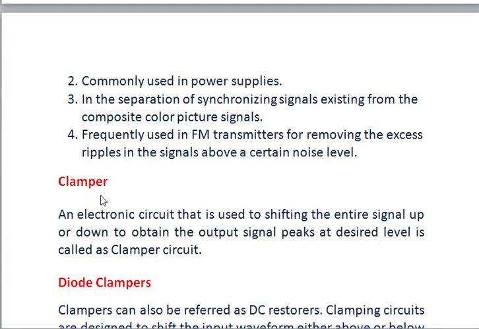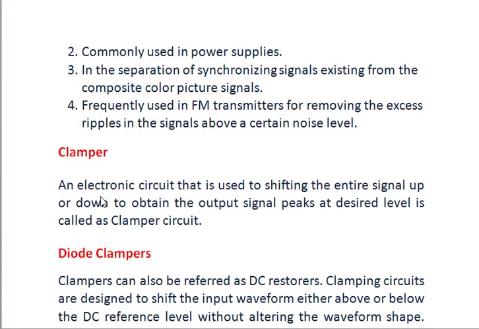Next we go to clampers. It is an electronic circuit that is used to shift the entire signal up or down, to bring the output signal peaks to a desired level. So actually it combines the DC voltage with the AC waveform.